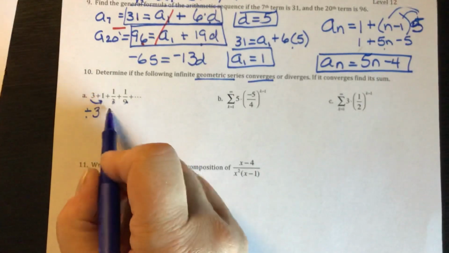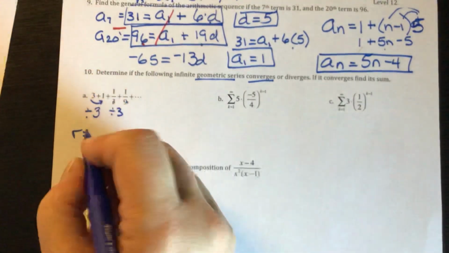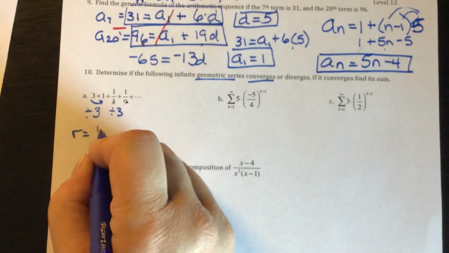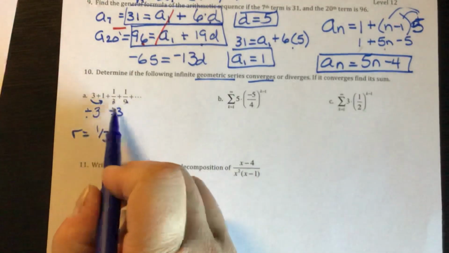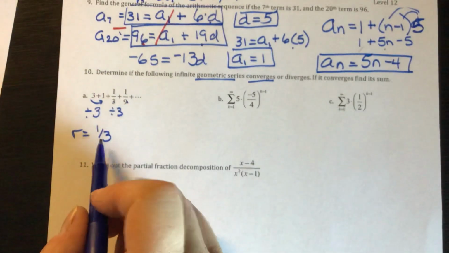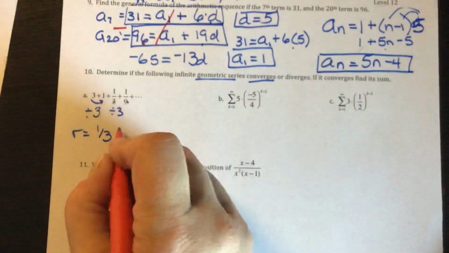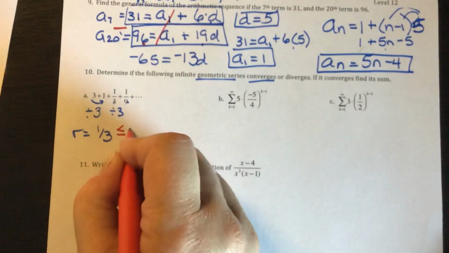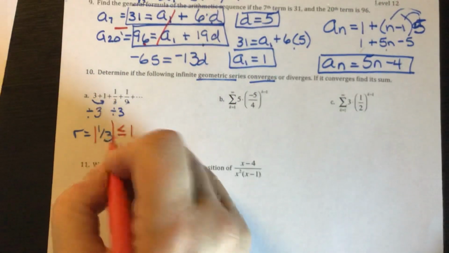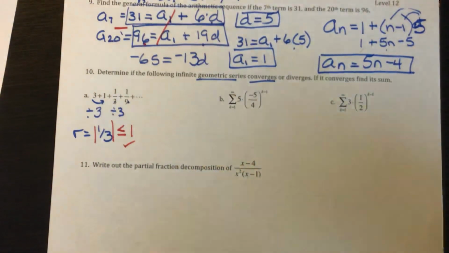From 1 to 1/3, I'm going to divide by 3. Or my common ratio is 1/3. I'm going to multiply by 1/3 each time. The absolute value is less than 1, so it's going to converge.